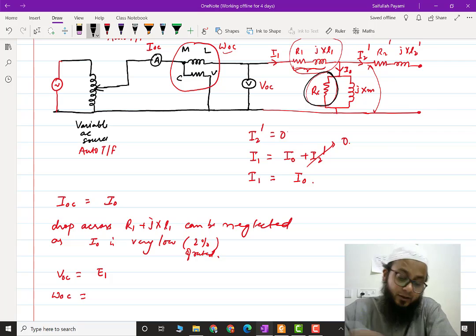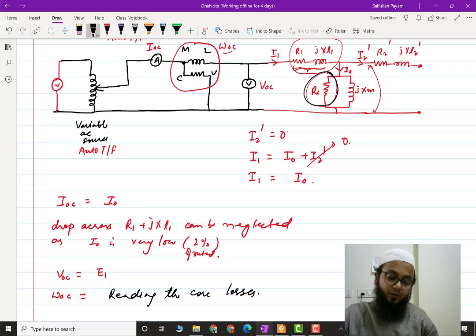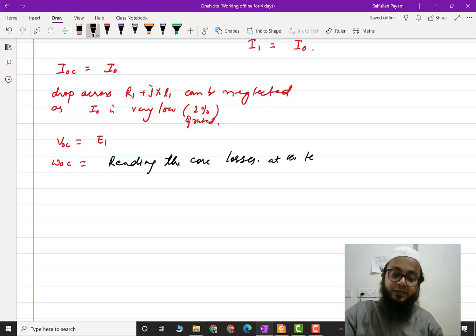So WOC is reading the core losses. If the test has been performed at the rated voltage condition, WOC will read the core losses at the test voltage, which is the rated condition.